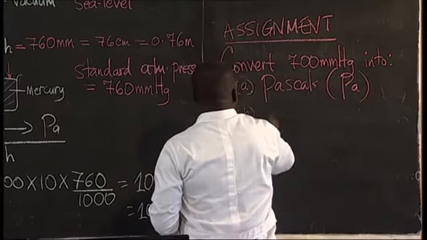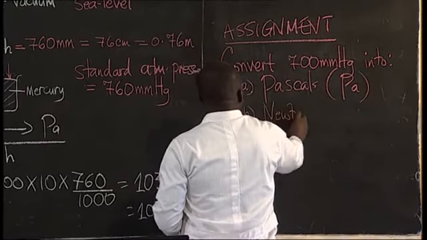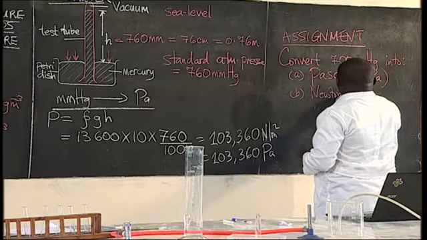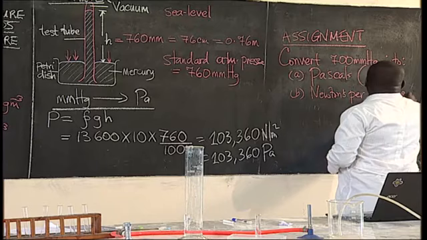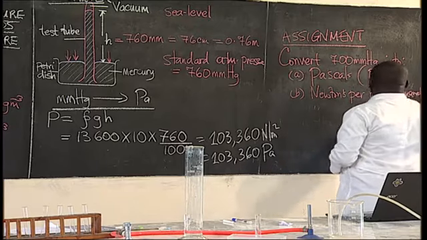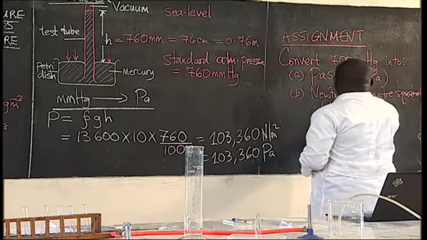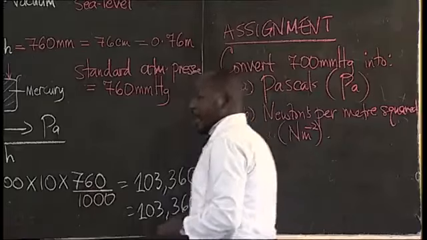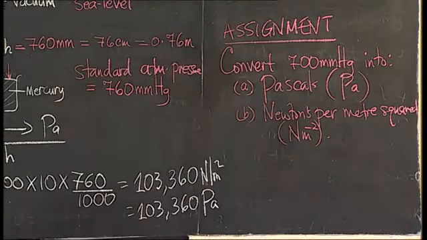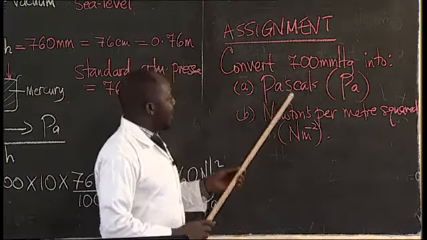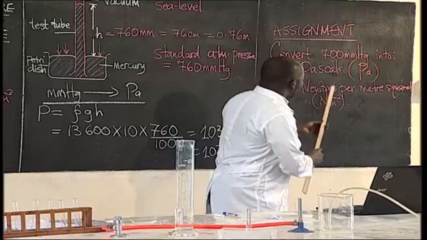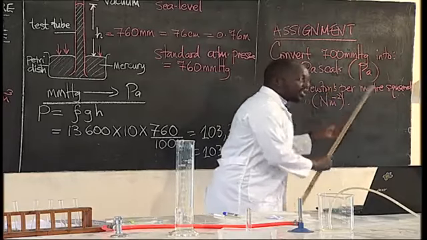Then two, I want you to convert it into newtons per meter squared, which you can write as Nm to power negative 2. How do you convert those units of pressure? Converting 700 millimeters of mercury into Pascal and 700 millimeters of mercury into newtons per meter squared.